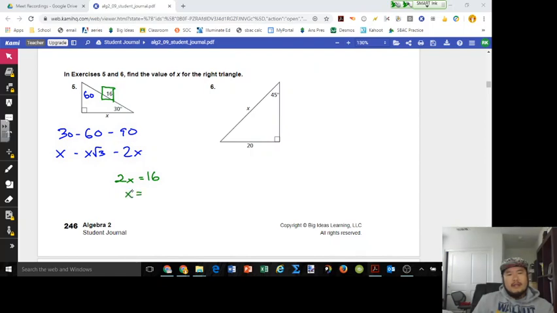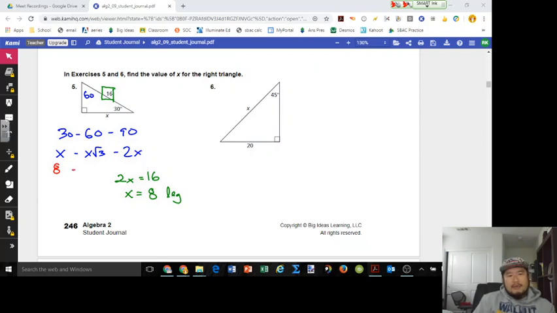If we go ahead and solve for x, x ends up equaling 8. Now, you have to remember that what I got for x does not represent this side. What it represents is the leg. X, in terms of what we put down, represents the leg. So if they did ask for the leg or side opposite of 30, then that answer would be 8.